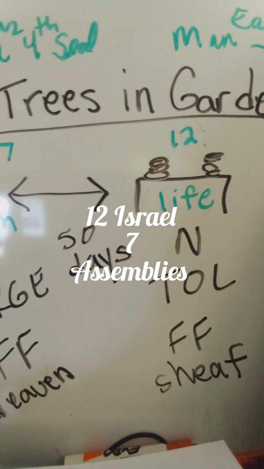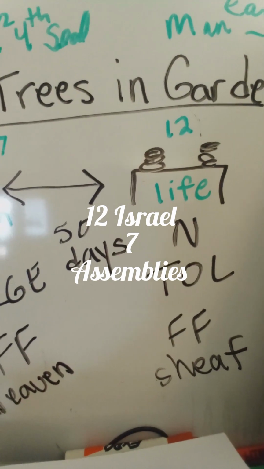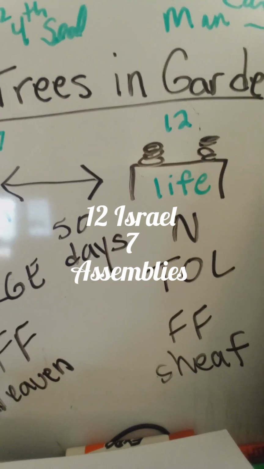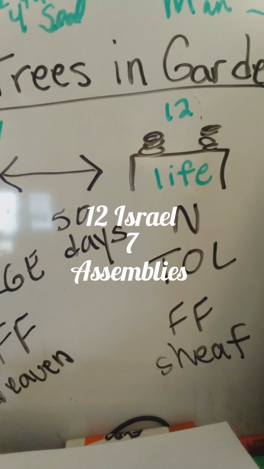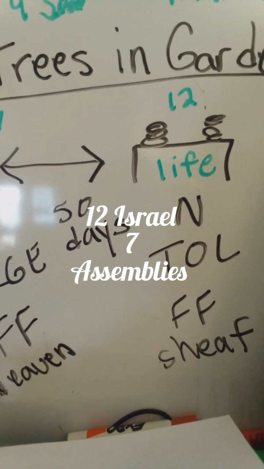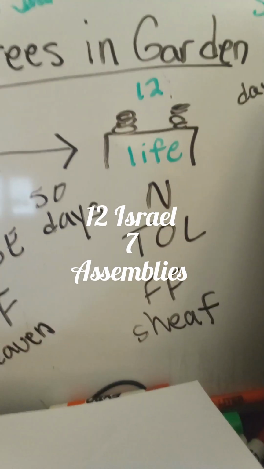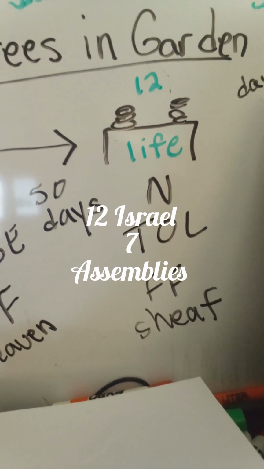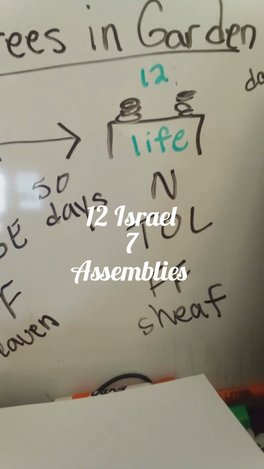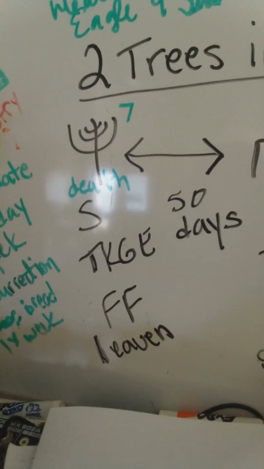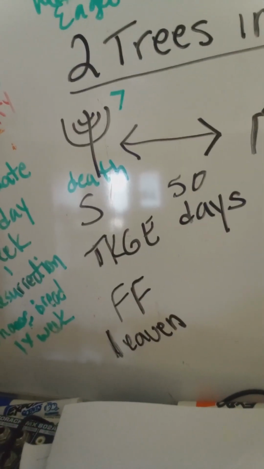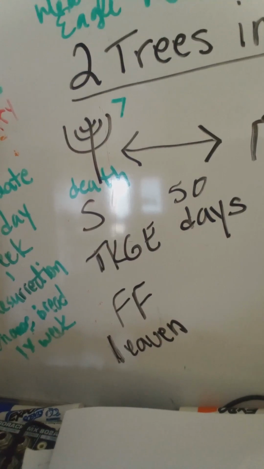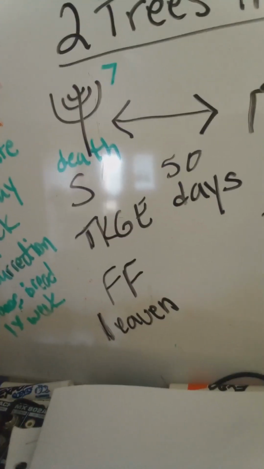Okay, the table also for me represents the 144,000 spoken of in Revelation. There are the 12 tribes, and the menorah represents the 7 assemblies or ecclesias or churches. They have leaven. They're leavened.